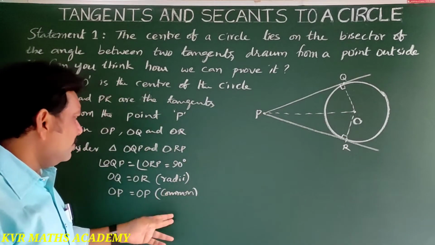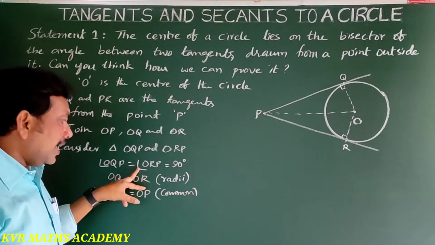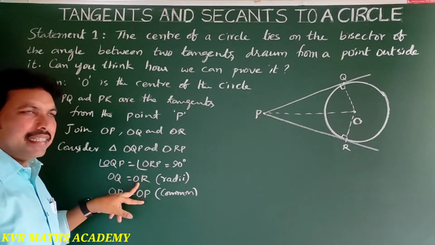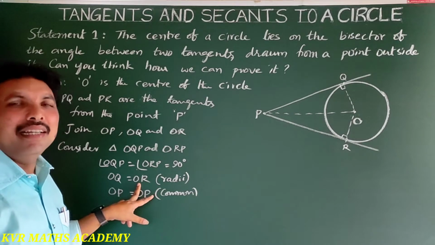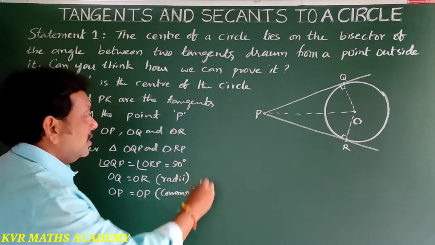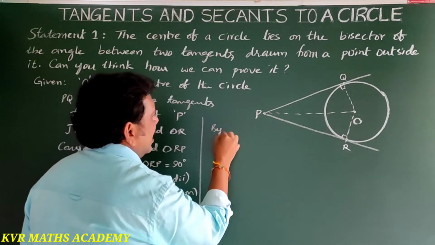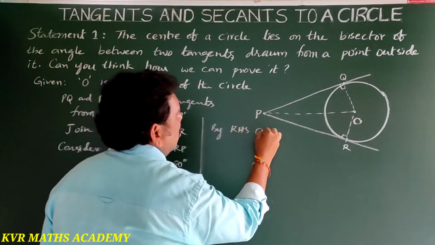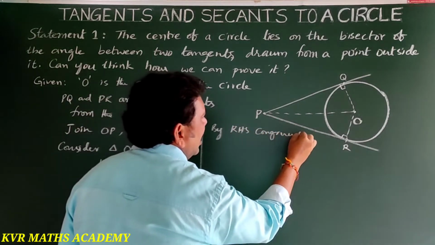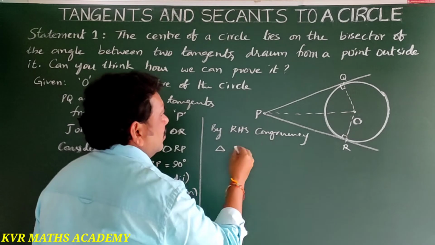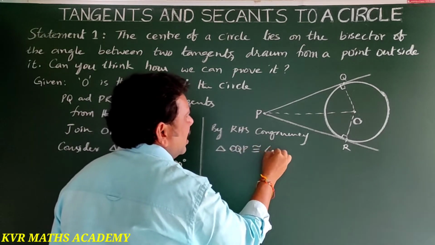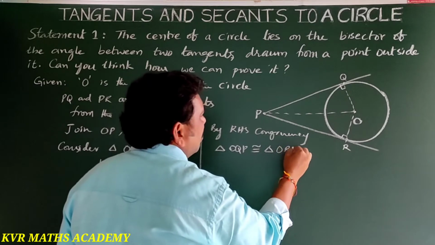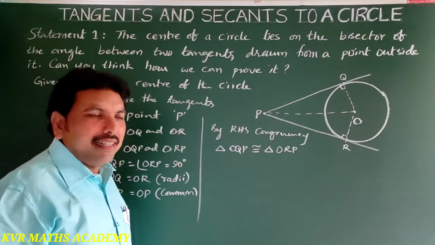So right angle, hypotenuse and side, which means RHS. By RHS congruency, triangle OQP is congruent to triangle ORP.